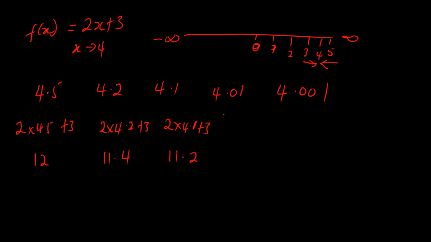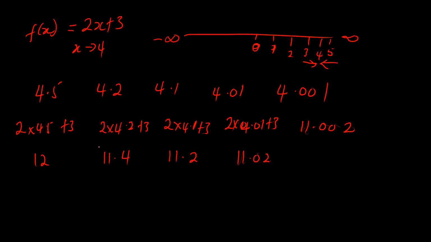If you are to plug in 4.01, you are going to have 2 times 4.01 plus 3, and that is going to give us a value of 11.02. And finally, if you are to plug in 4.001, it is going to give us a value of 11.002.